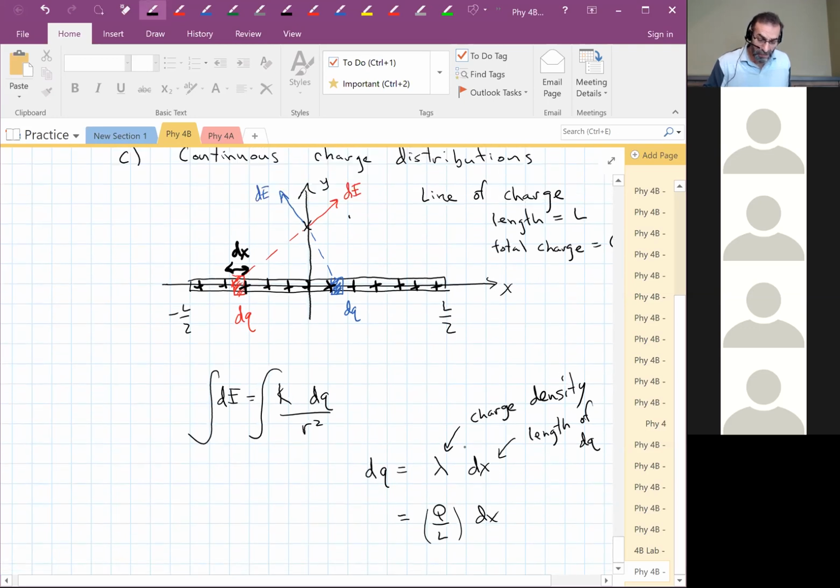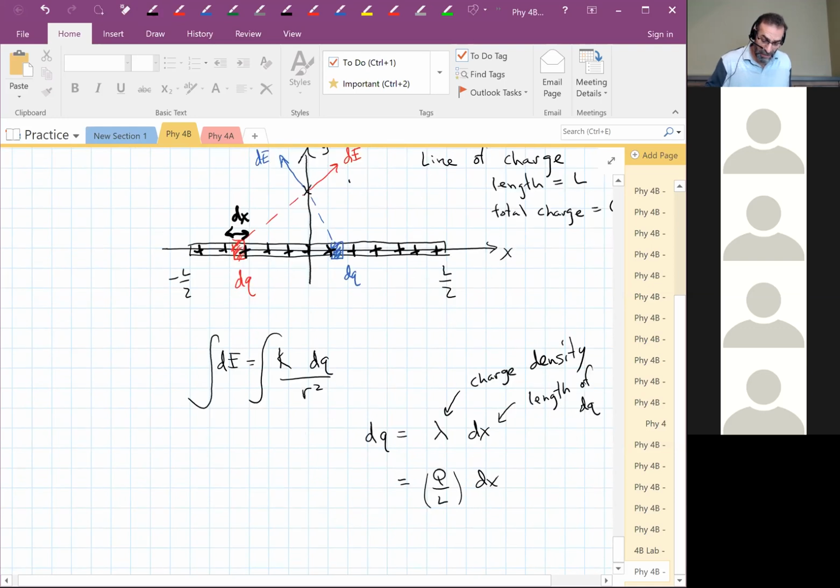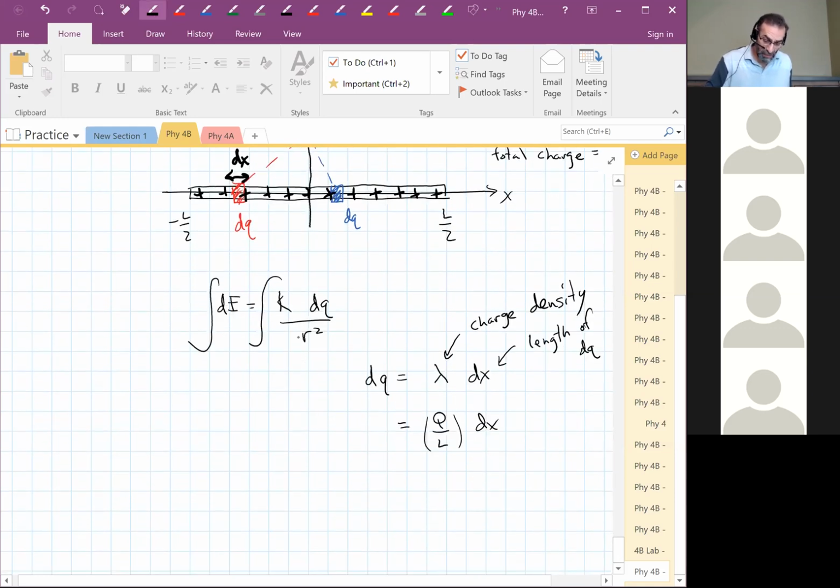All right. So now we've sort of converted this into something we can integrate over, right? We've got dE is equal to K Q over L dx over R squared. Okay, we're halfway there. So we know we're going to integrate over x.